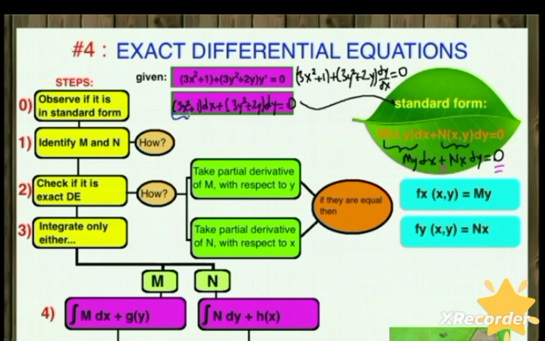This part of the function with the dx, we call it M. And this part with the dy is called N. You can also sometimes see M of y and N of x.